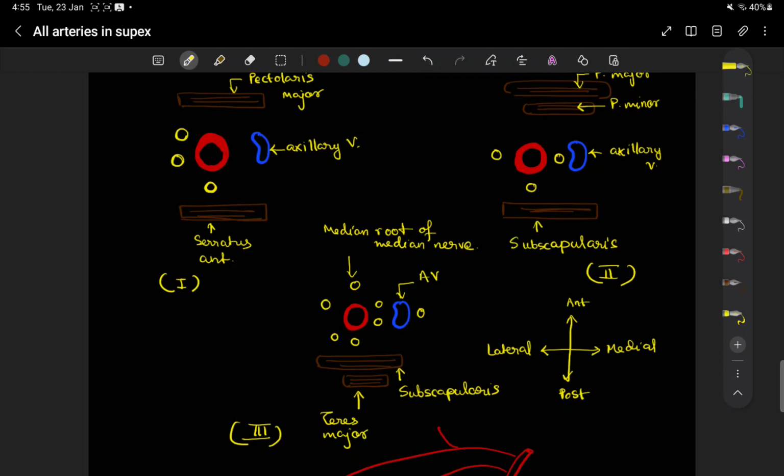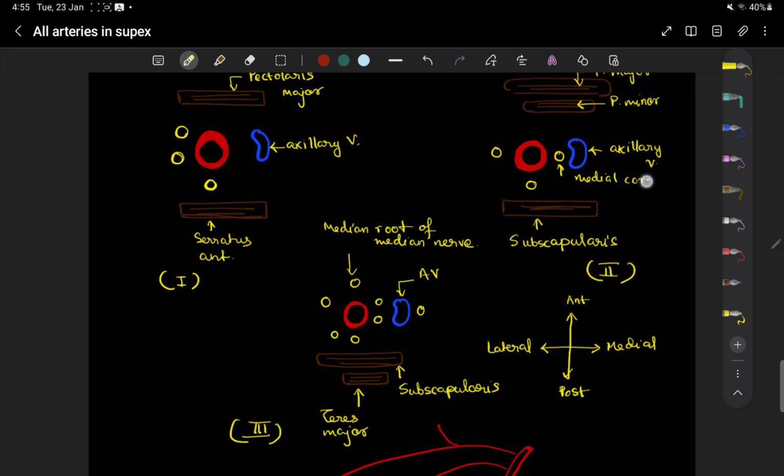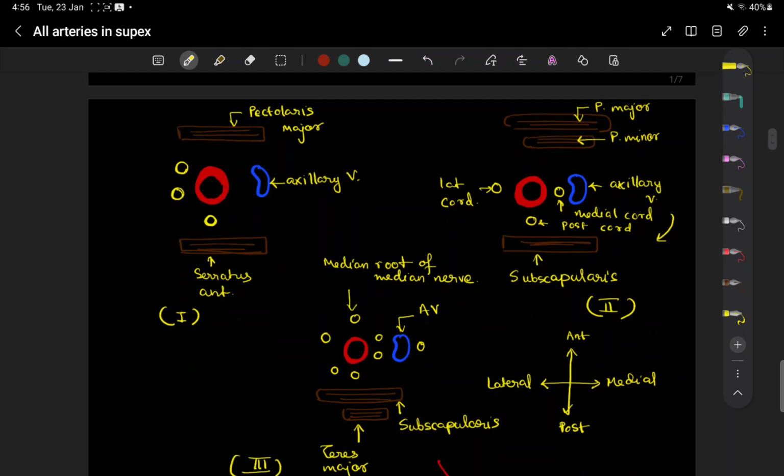The second part is very easy: the medial cord will be medial, the posterior cord will be present posteriorly and the lateral cord will be present laterally. And if you push these cords in the clockwise direction, you will come to the first portion and find out the relation of the first part. If you move the medial cord clockwise, it will come posterior, so the medial cord is present posteriorly. And if you push the posterior cord clockwise, it will come in the lateral portion. So the posterior cord as well as the lateral cord are the lateral relations in the first part.